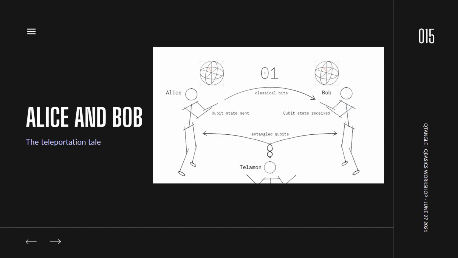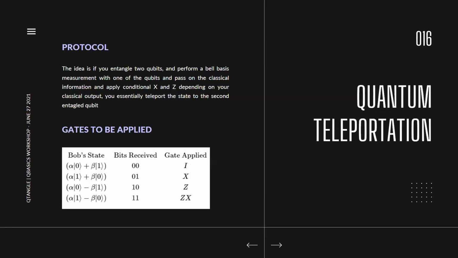Well, Telemon is smart. He does not want to go around like a postman. Let's see if this thing works. So let's look into it a bit deeper. This is the basic idea behind it.